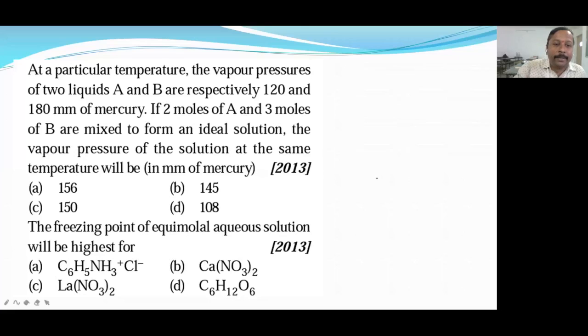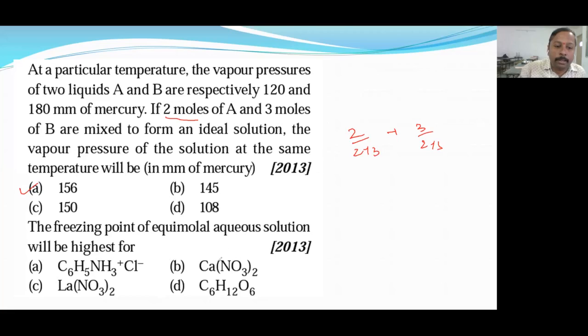You are given the moles, so you have to find the mole fraction: 2 by 2 plus 3, with the pure liquids' vapor pressures of A and B. Then we find the solution. Answer will be 156. Mole fraction of B will be 3 by 2 plus 3. Now let us see the next question.